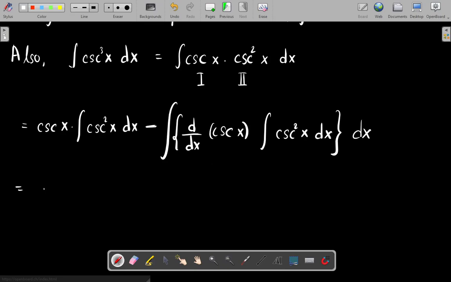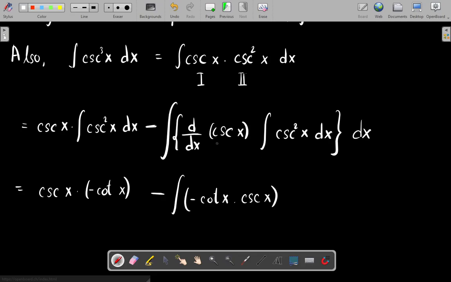So this now gives us cosec x times minus cot x, and this will give us minus cot x cosec x, this is this term, and this term is again minus cot x.